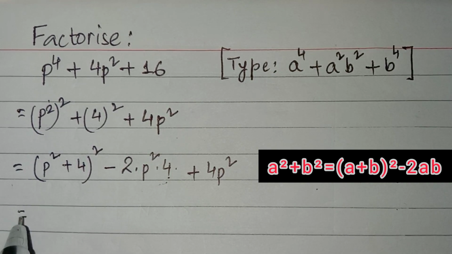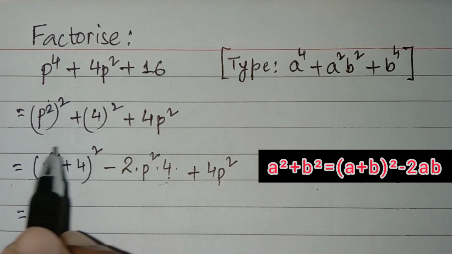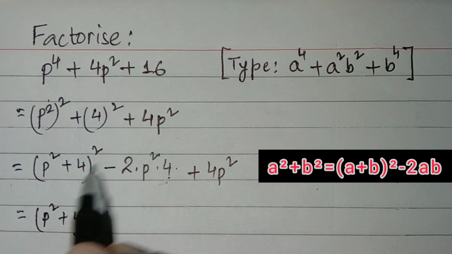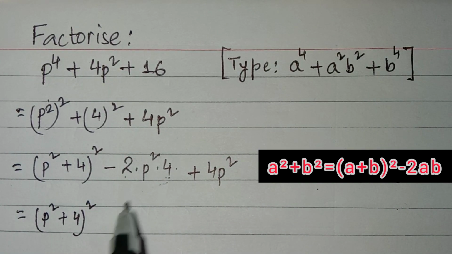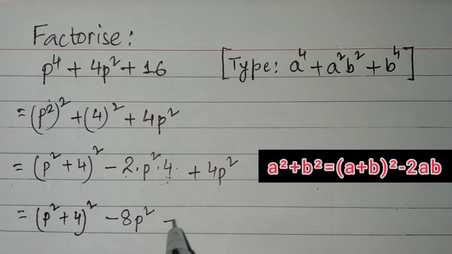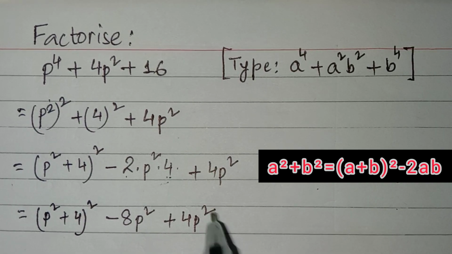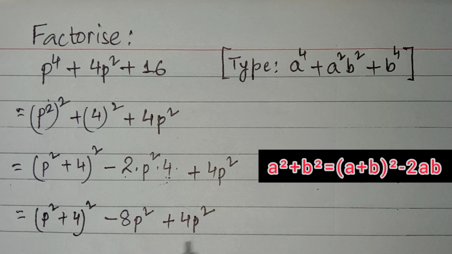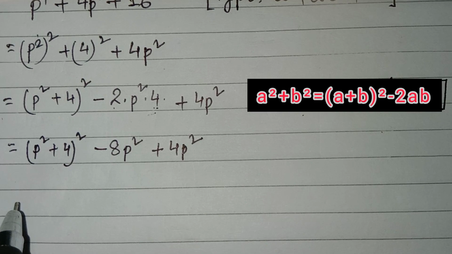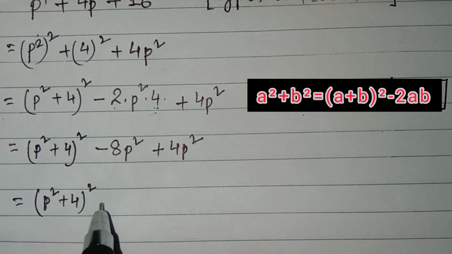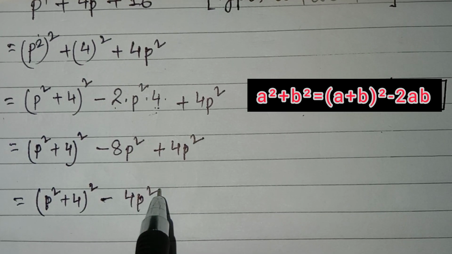Now in this line we are going to write it as it is, and here I get that 2 times 4 is 8, so minus 8p square plus 4p square. In the next line this term remains as it is and we are going to add these two terms, and here we get p square plus 4 whole square minus 4p square.